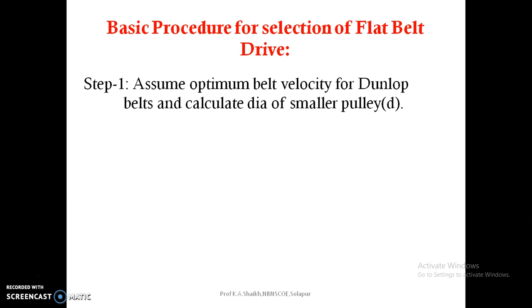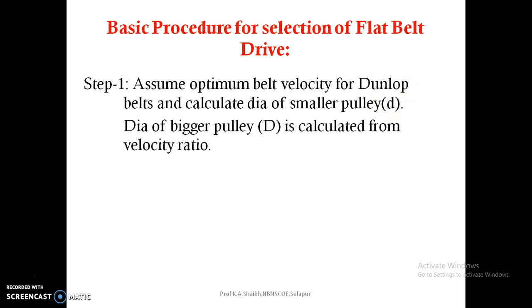After selecting the value of the required speed, you substitute the values and find out the dimensions of the smaller pulley, that is, the diameter of the smaller pulley. After finding the diameter, with the help of the velocity ratio you find out the diameter of the bigger pulley.